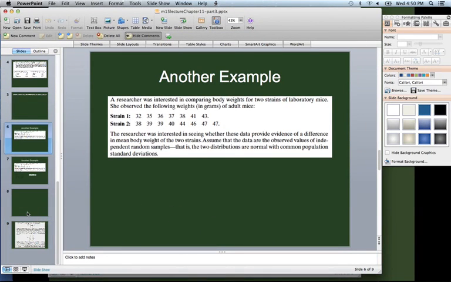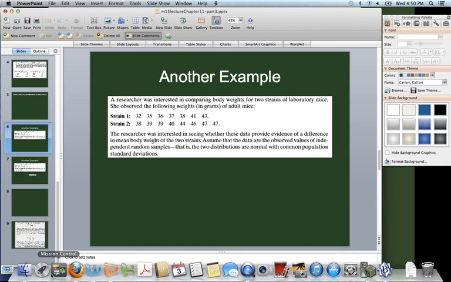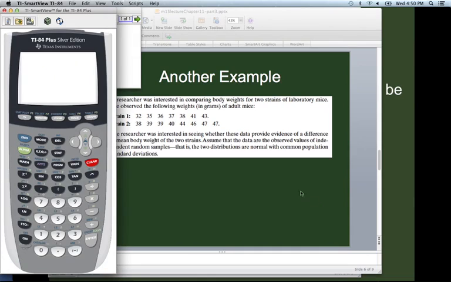So let's enter this data into the calculator. And I think, again, I'll use L1 and L2. And we have strain 1 and we have strain 2.